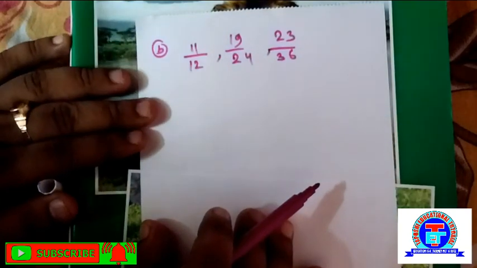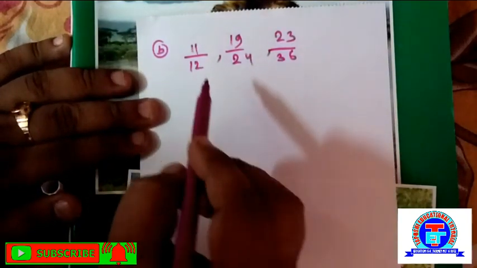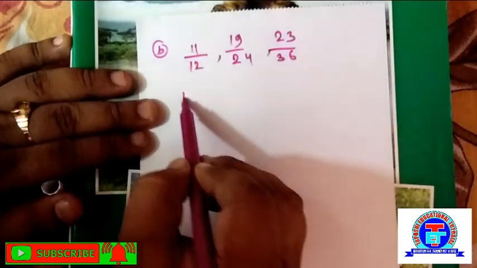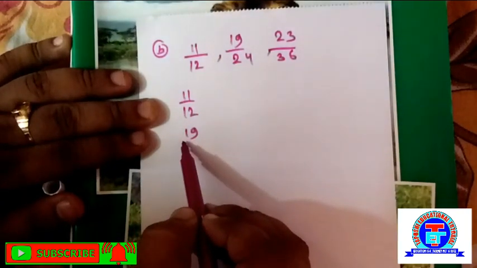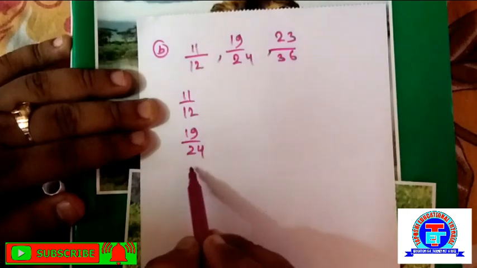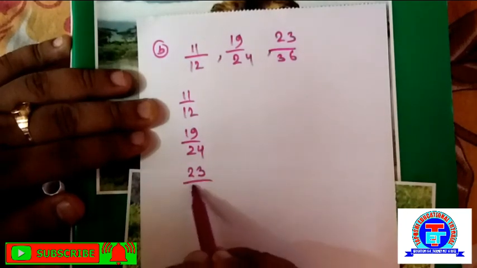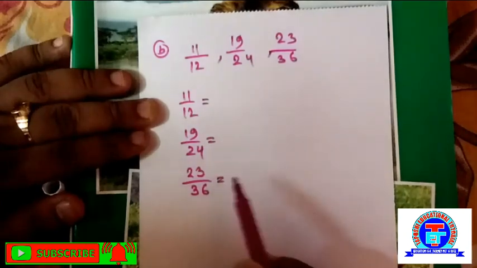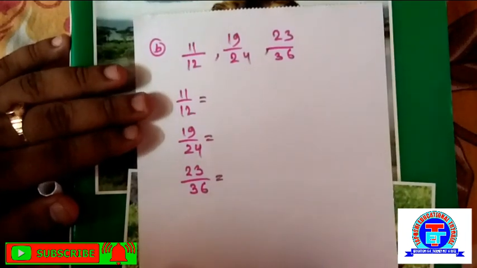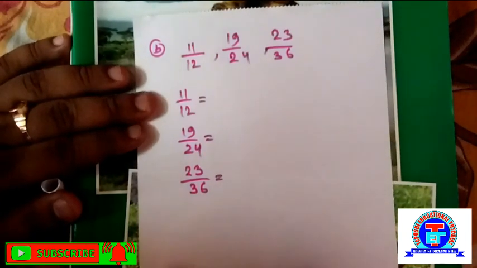So we arrange the fractions in a column: 11 by 12, 19 by 24 and 23 by 36, right? The same way we solve this problem.